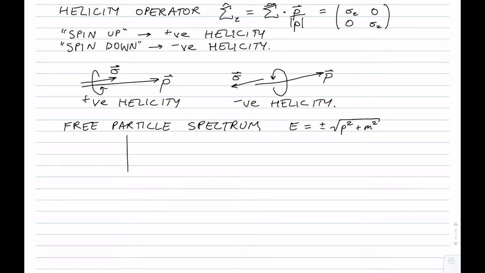So what we can draw is energy versus the magnitude of the momentum, P. And for P equals 0, E equals plus or minus M. And what happens as we go away from that is you get this asymptotic approach like this.